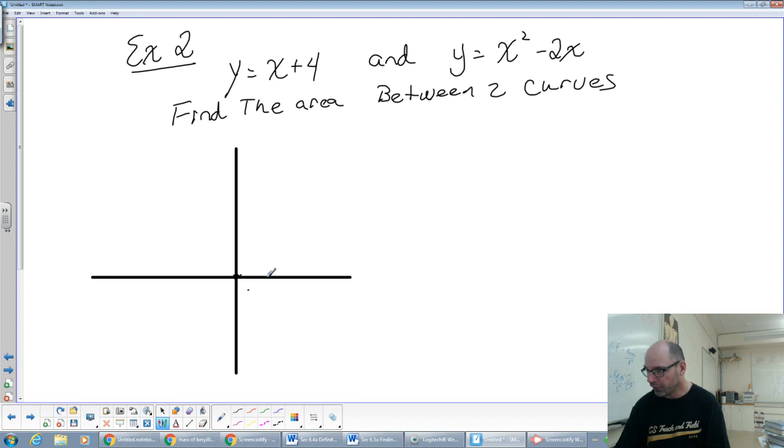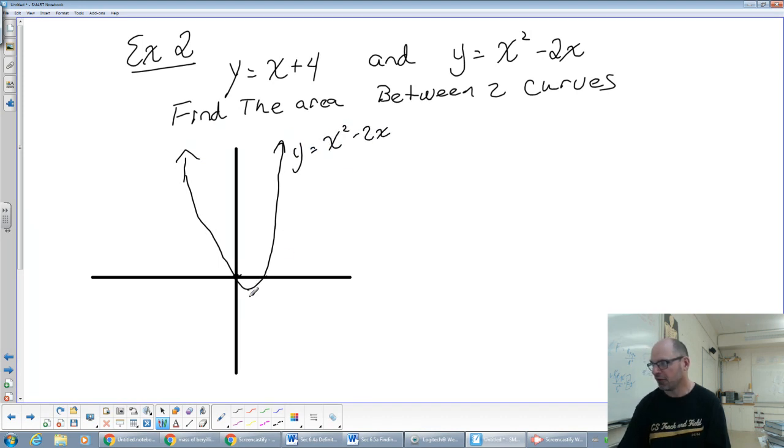So you know it's going to go like this, just by using substitution. And we figured out that 1 and negative 1 is the vertex point.